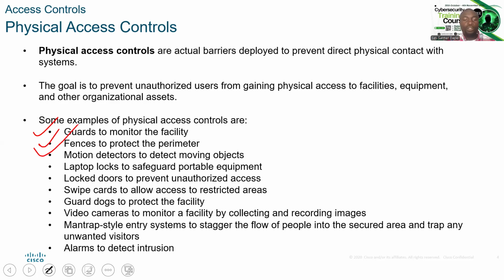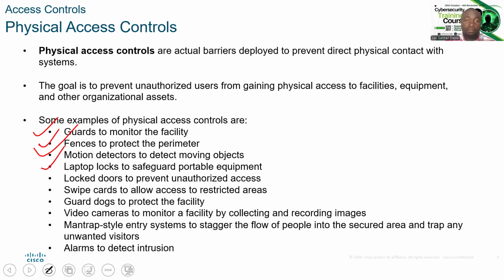Then motion detectors to detect moving objects. Sometimes you put sensors around your facility, sometimes in the server room or within the environment. Once there's a sensor, there's always an alarm. Then we have laptop locks to safeguard portable equipment.